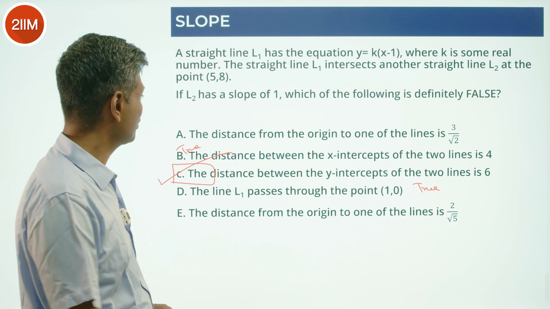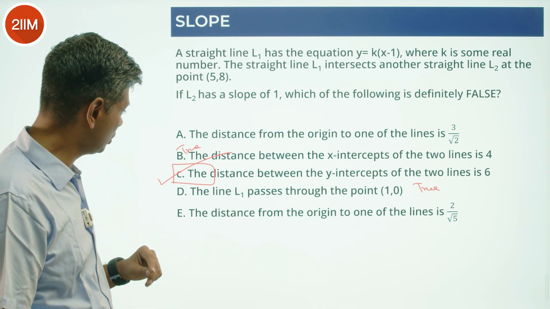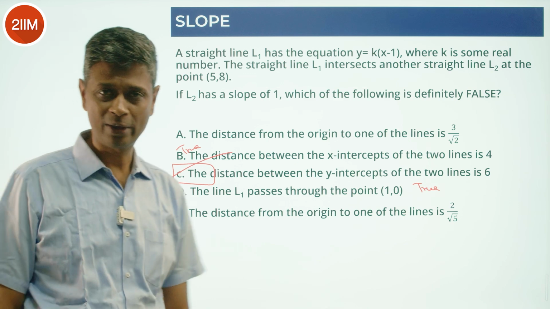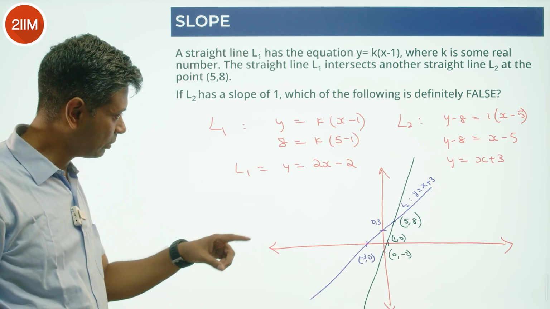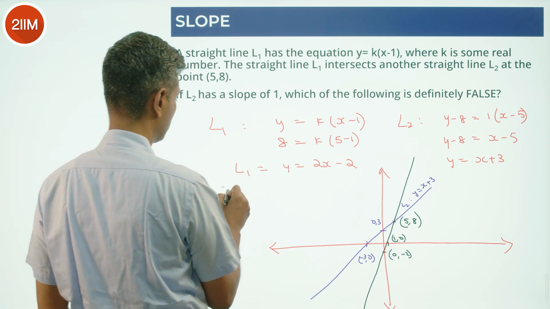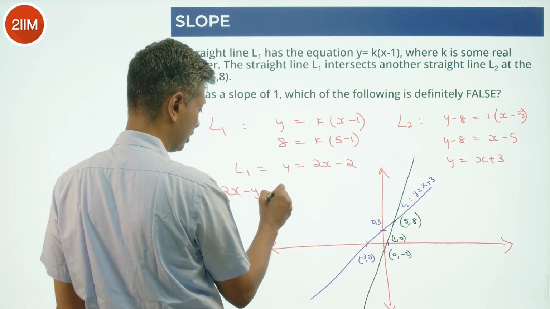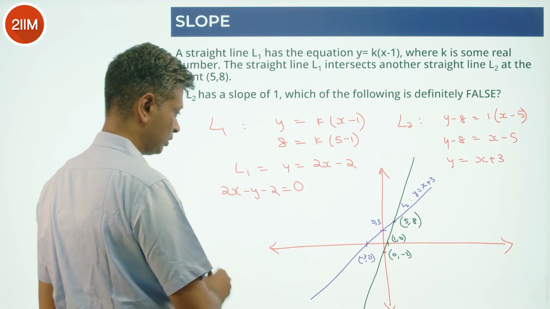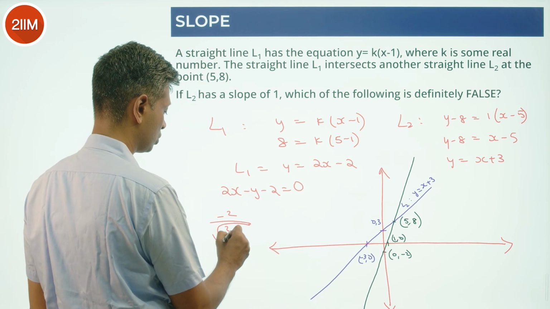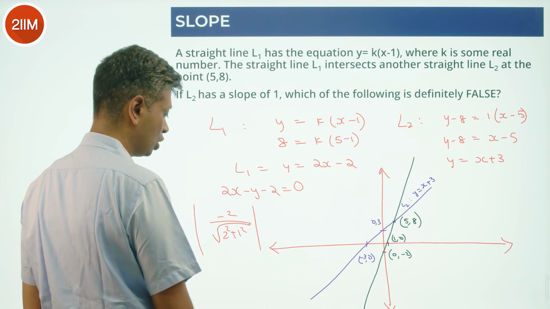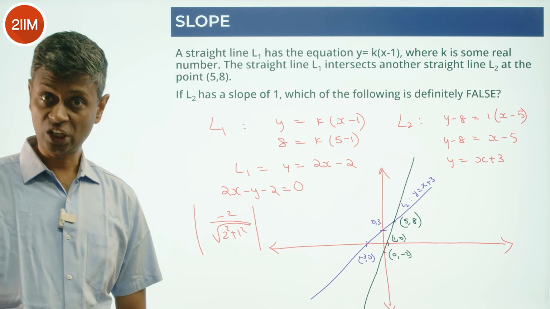Distance from the origin to one of the lines is 3 by root 2. Distance from origin to the other line is 2 by root 5. Let's find this distance from origin. So 0, 0 to this. This equation is 2x minus y minus 2 equal to 0. From 0, 0, distance is minus 2 by square root of 2 square plus 1 square under modulus, 2 by root 5. Yes, that works.